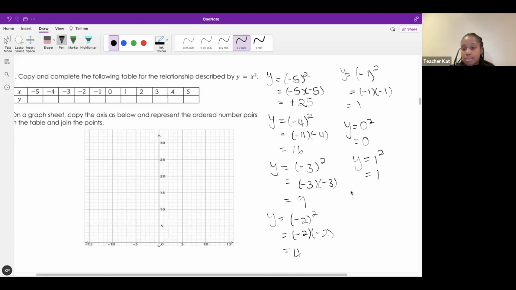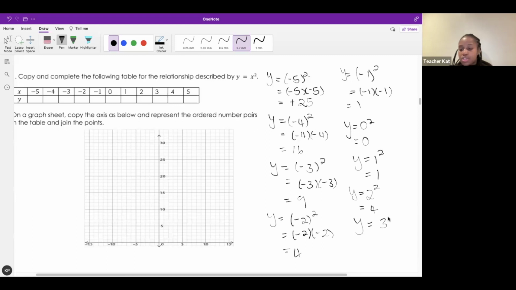What do you guys see is happening here? Y equals 2 squared. Look at the past answers that we've gotten and check what is happening here. What do you guys see? Do you guys see anything, or should I just write the rest of them?